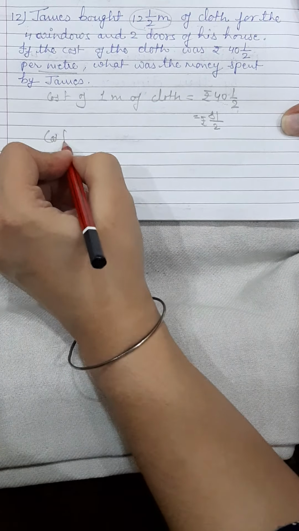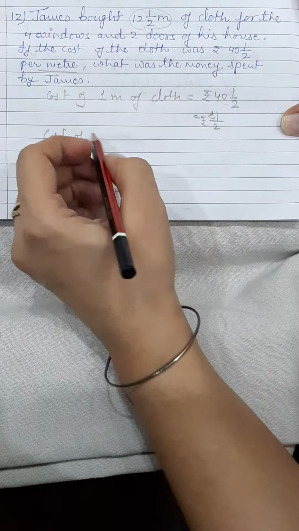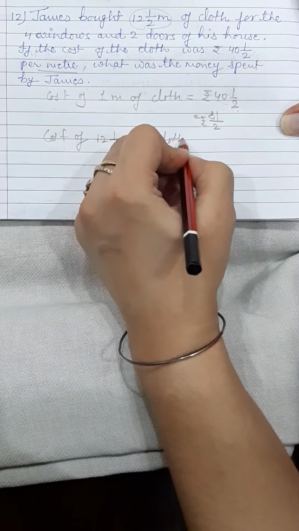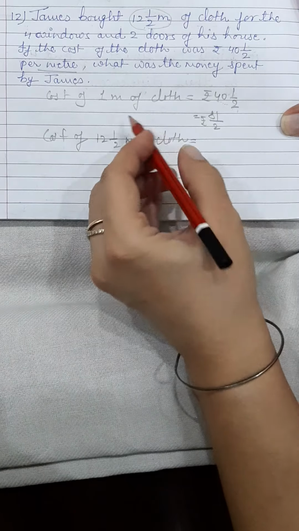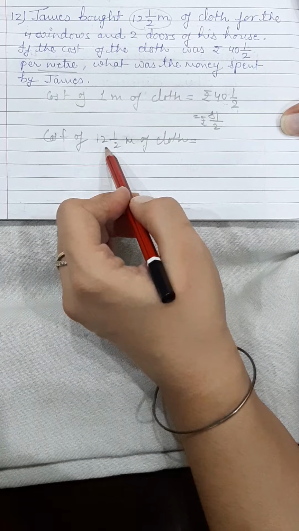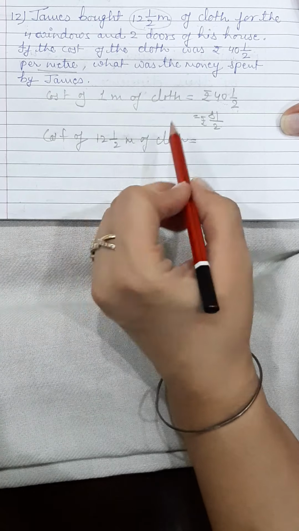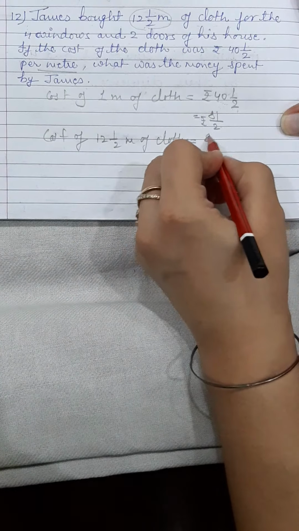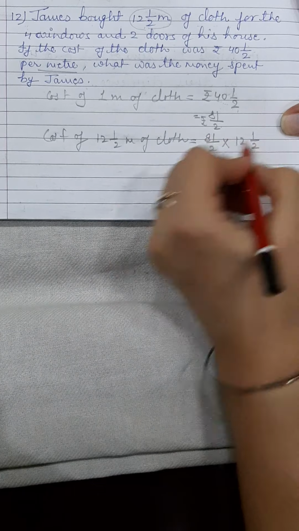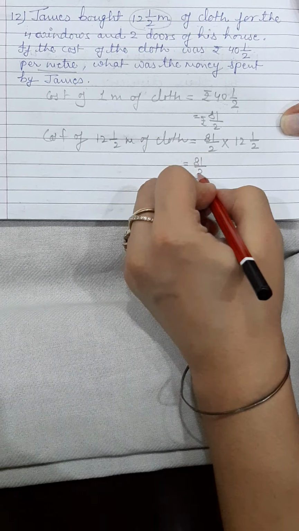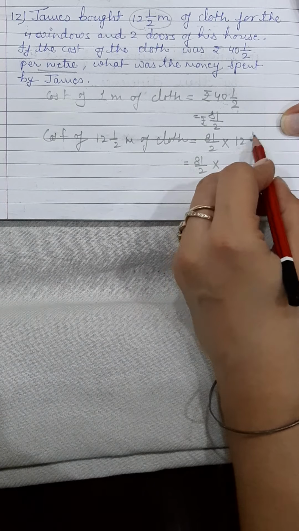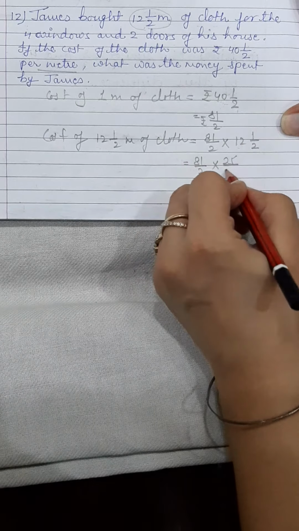Now you have to find the cost of how much? 12 whole 1 by 2 meter of cloth. Clear? So here the cost of 1 meter is given and you have to find out for more quantity. So for more quantity you have to multiply. So 81 by 2 multiplied with 12 whole 1 by 2, right? 12 whole 1 by 2 is 12 2s are 24, 24 plus 1, 25 by 2.